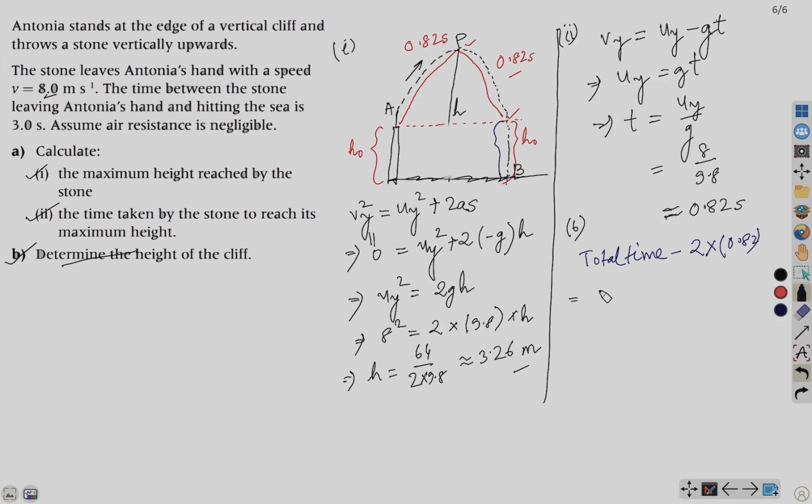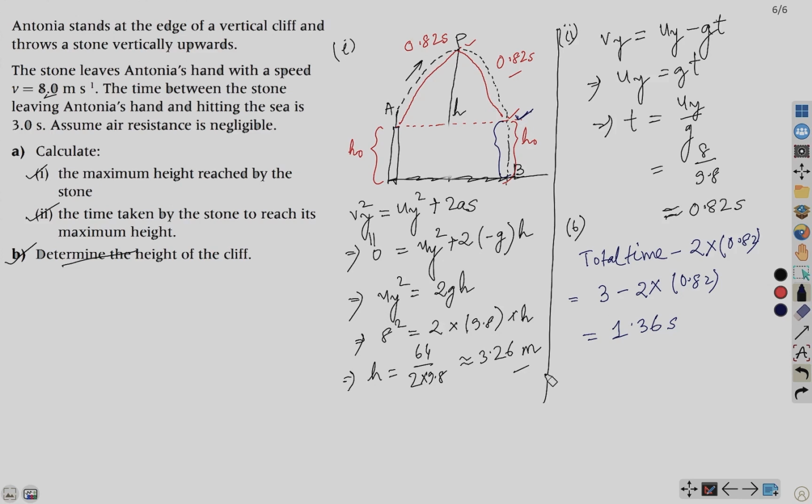And we know the total time is given as 3, therefore 3 minus 2 times 0.82, which if we simplify, we obtain 1.36 second. Okay. Therefore, the time it took to reach the bottom level from here is 1.36 second.